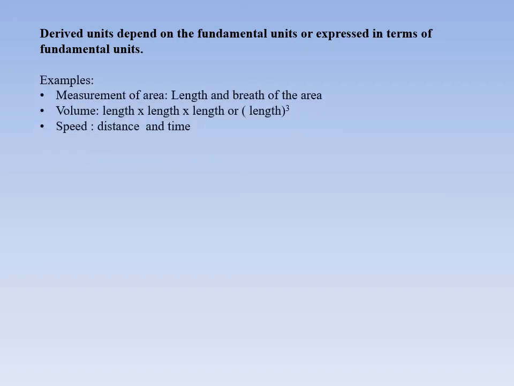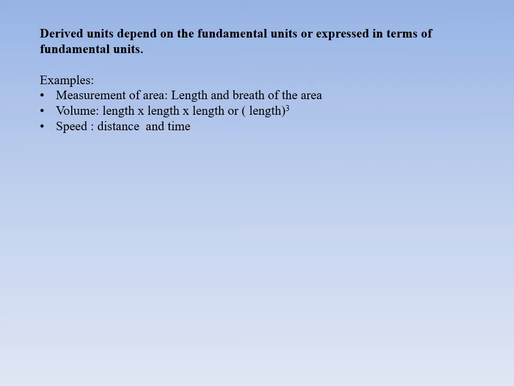Derived units. Derived units are those which depend on the fundamental units or which can be expressed in terms of fundamental units. Examples: for the measurement of area, we need to measure length and breadth in the unit of length and then express area in a unit which is length times length, or length squared.